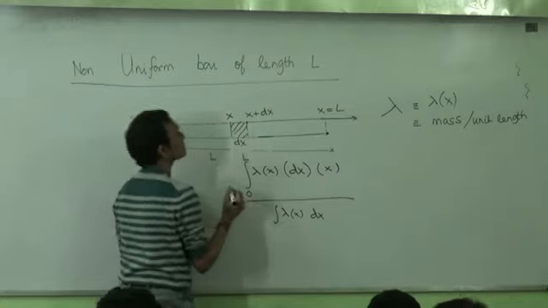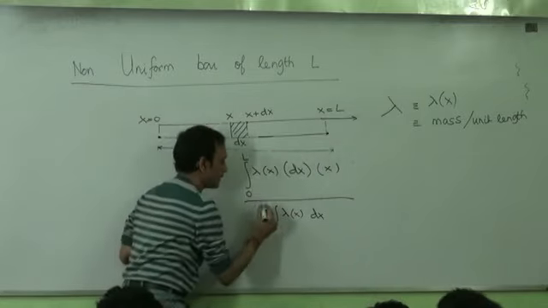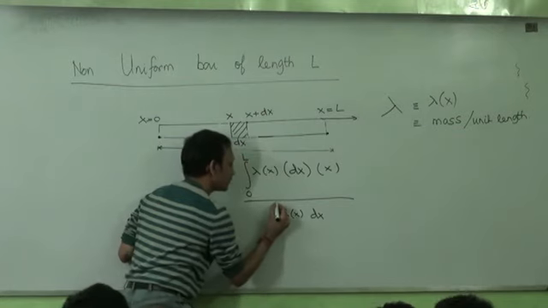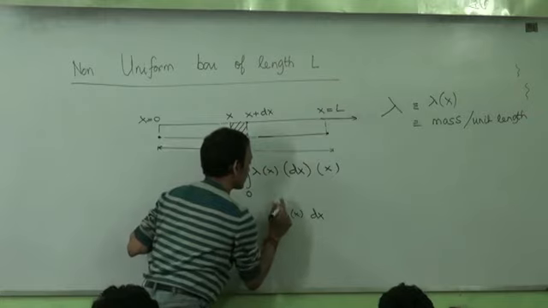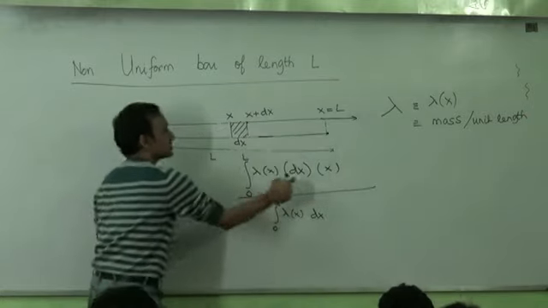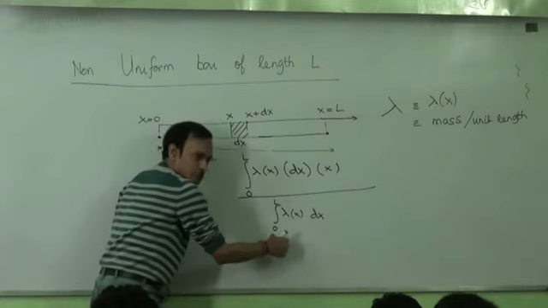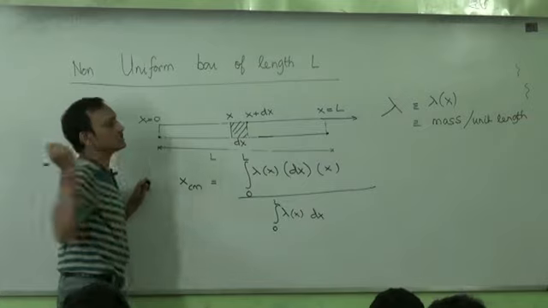Sum of all of this, where x runs from 0 to L. Summation m_i x_i divided by summation m_i, that's going to give me the x-coordinate of the center of mass.